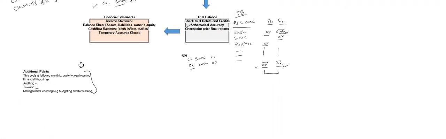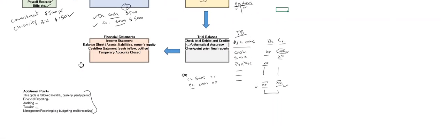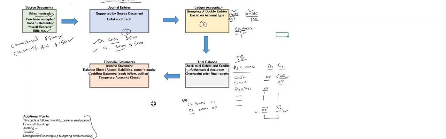So what happens after? Like I said, I would give you a very small summary of what financial reporting, auditing, taxation, and management reporting are. Financial reporting is nothing but all of this process.